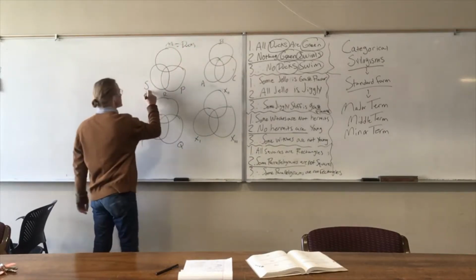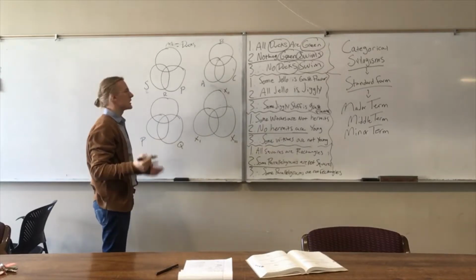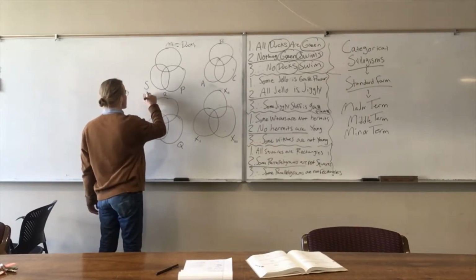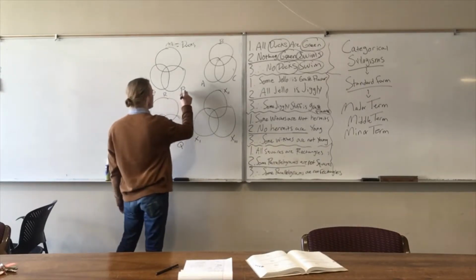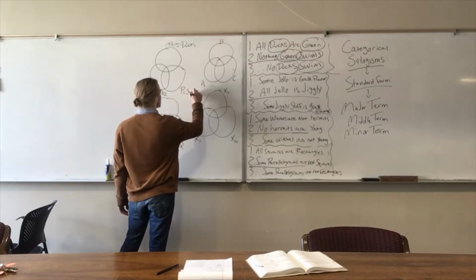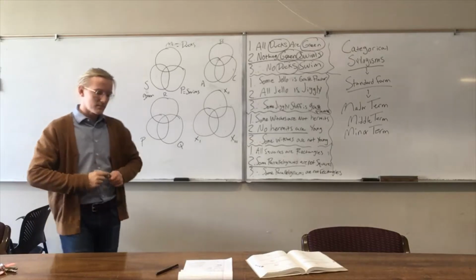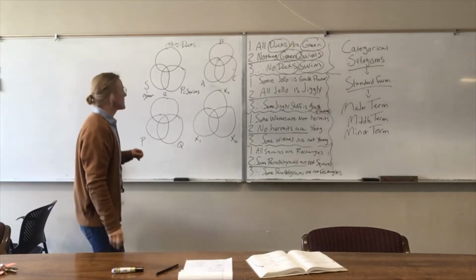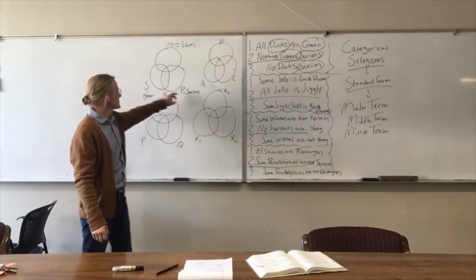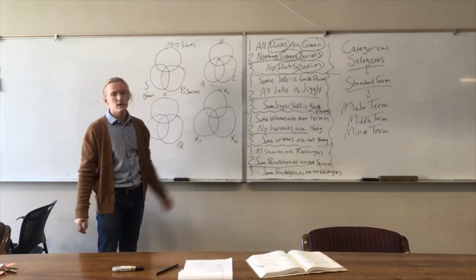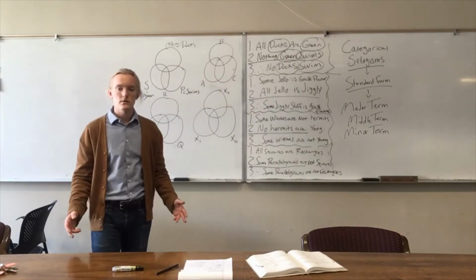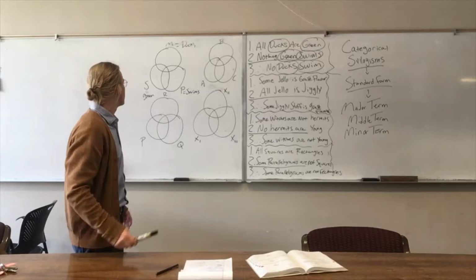Let's say that S equals green, and P equals swims. So now we have a way to test the validity of our argument using the Venn diagram with all of our terms picked out.